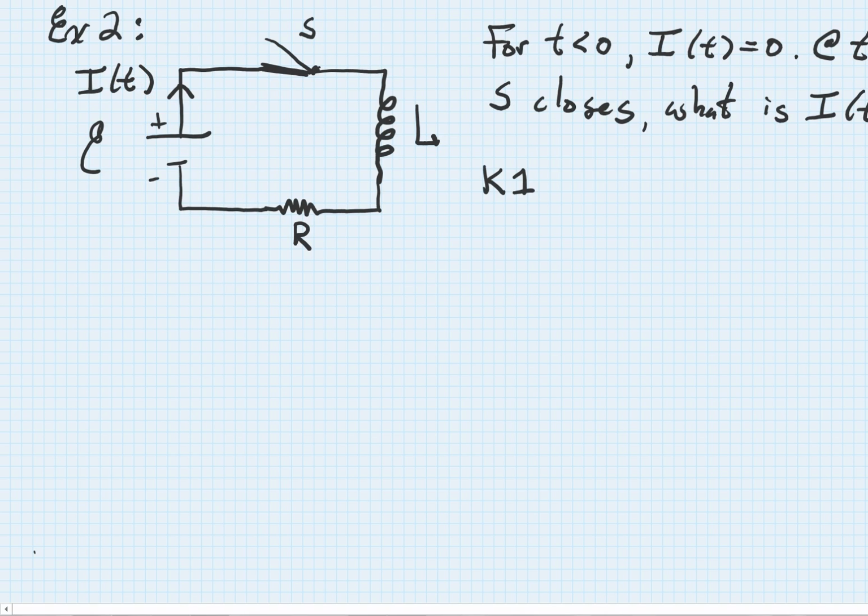That's the same current that's going to go through the switch. That same current that's flowing into this corner will come down, so that will be the same current flowing through the inductor, and also through the resistor, and back in through the battery.